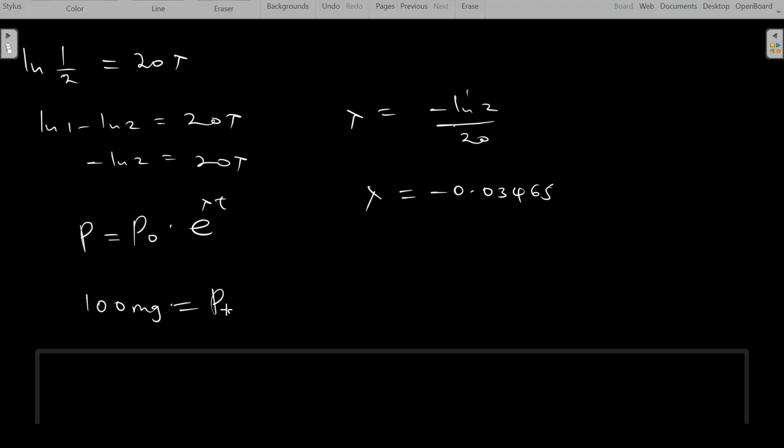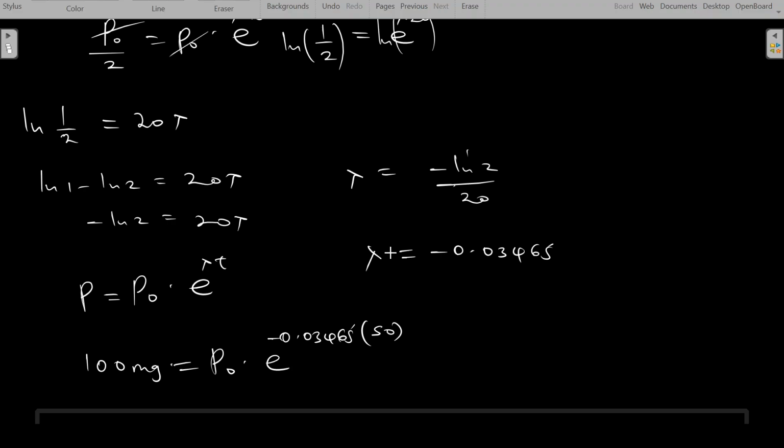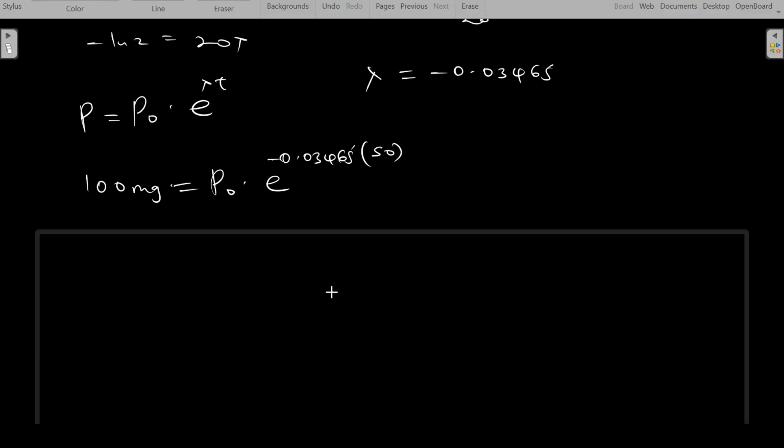It should equal P0, which we are looking for, multiplied by the exponential of the value of lambda, which is negative 0.03465. Because we're dealing now with 100 milligrams which had remained after 50 days, the time there should be 50 days.